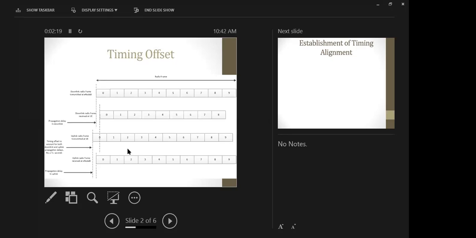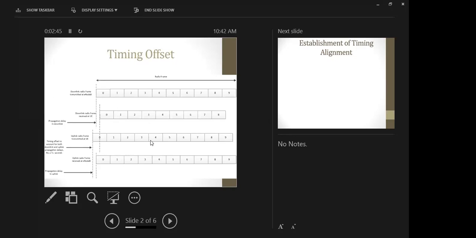At the EV end, you maintain some difference between downlink and uplink, so that you have perfect alignment at the eNode B end. Okay, let's see how it works.